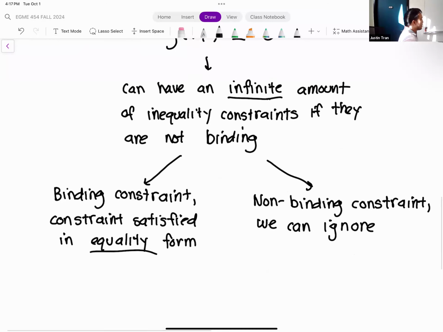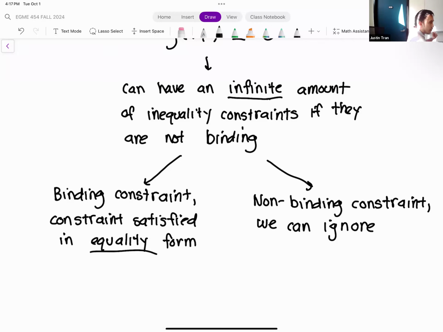And so the tricky part comes with being given an optimization problem and determining which constraints, if any of them, are even binding to begin with. Sometimes it's obvious, sometimes you can tell just based on intuition, just based on your analysis of the problem, which constraints are going to be binding, but sometimes it's not.